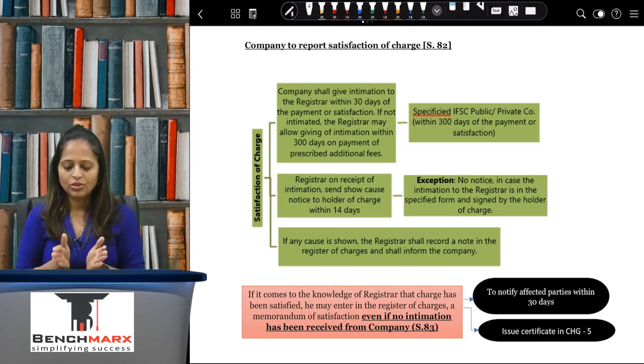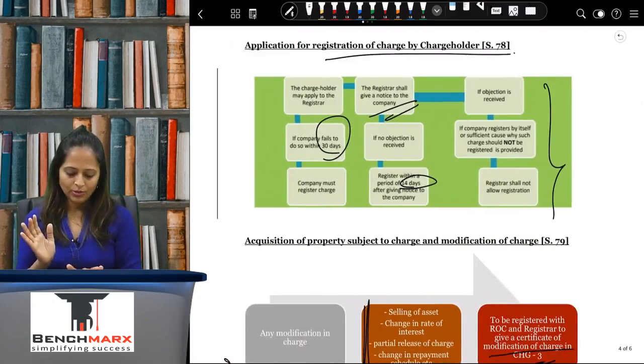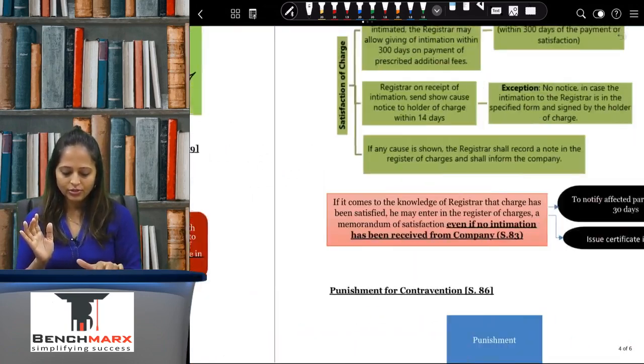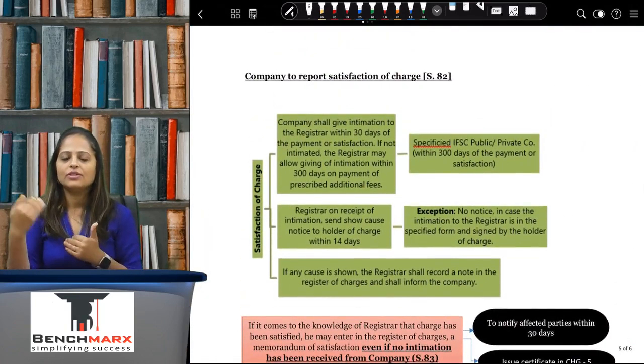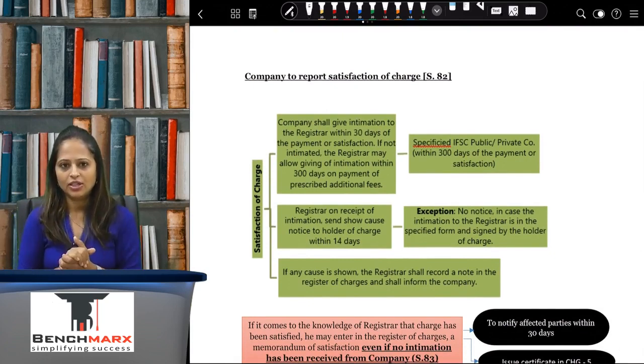Should I consider the satisfaction of charge? And he will again give 14 days. Here also, just as there we had 14 days of notice, you will give 14 days of notice. So the ROC will give the charge holder 14 days' notice to intimate whether the loan has been repaid and the satisfaction of charge is done, and once they get a notification, they will register the satisfaction of charge.